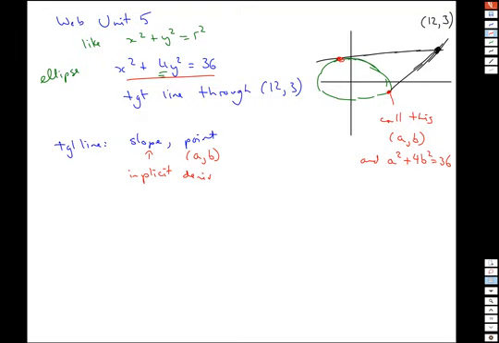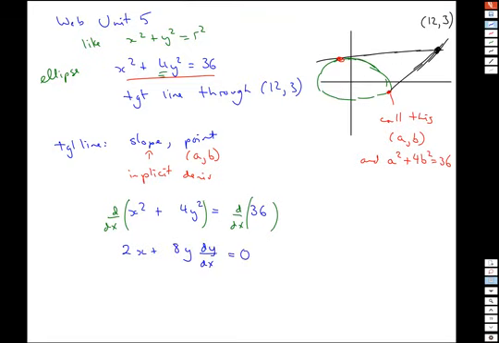So what we're going to do is take our x squared plus 4y squared equals 36, and take some derivatives of each side, both with respect to x, like so. And just like the last problem, I won't belabor it, we're going to get 8y dy dx, that's our slope, equals 0.